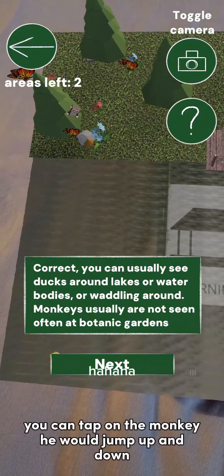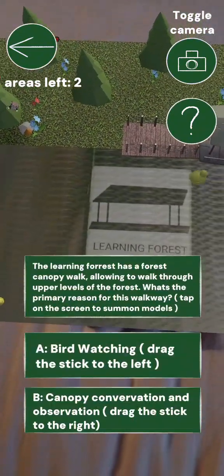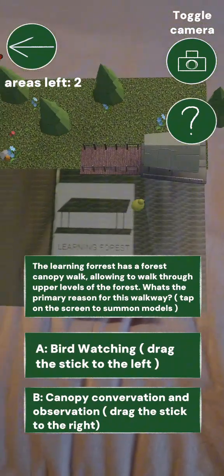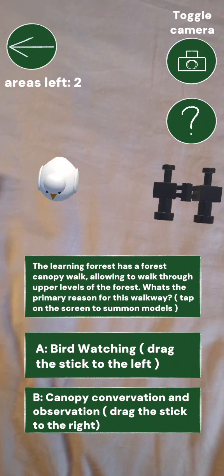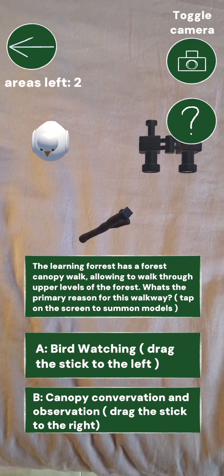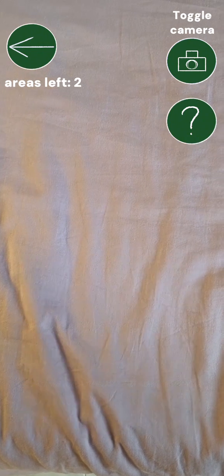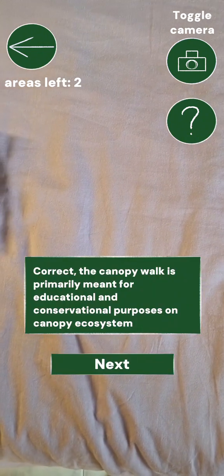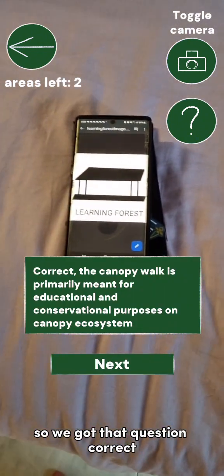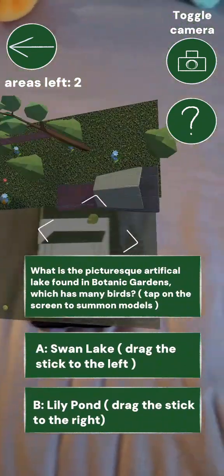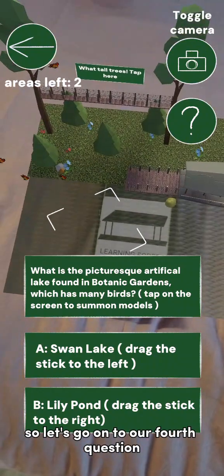You can tap on the monkey, he will jump up and down. So the next question. So we got our third question correct. So let's go on to our fourth question.